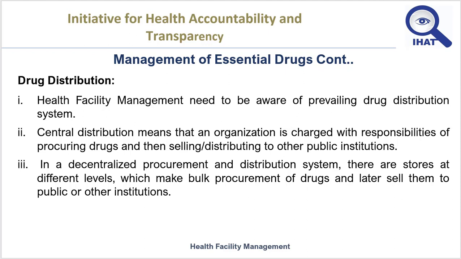The supervisory level for primary healthcare is the LGA level, and quite often a local government level does central distribution. However, in a decentralized procurement and distribution system, there are stores at different levels which make bulk procurement of drugs and later sell them to public or other health institutions.